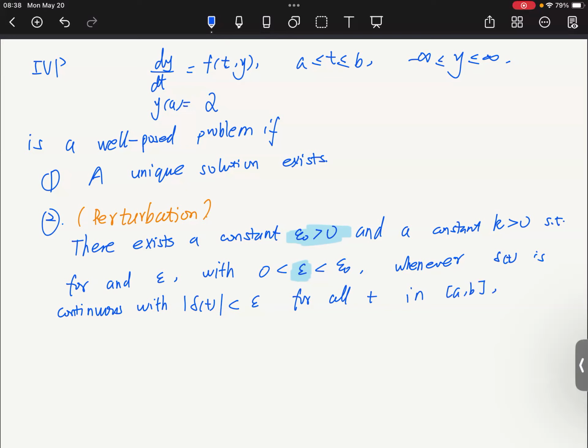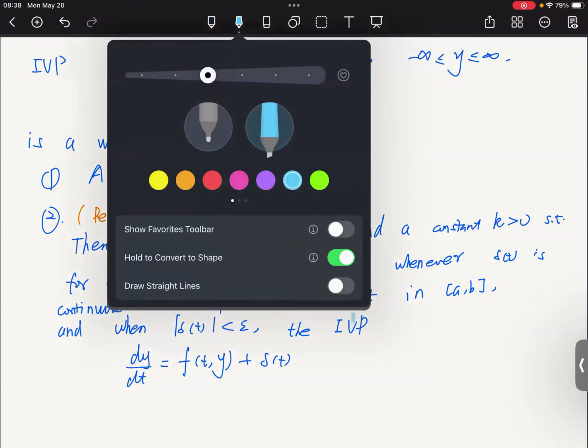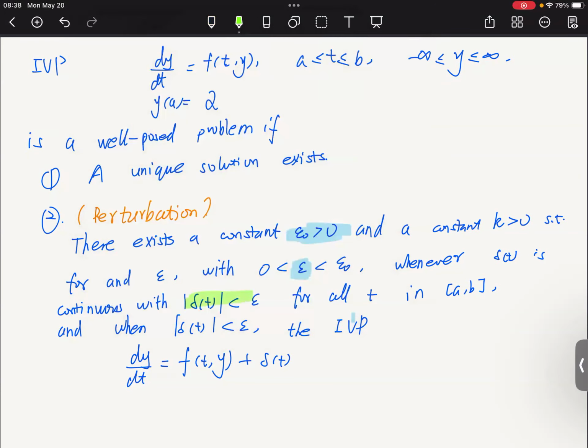And also when the delta t is smaller than epsilon, then the IVP with the perturbation is dy dt, and we add the perturbation on the right hand side of f, and that is the delta t we just mentioned, but it's bounded by the epsilon.